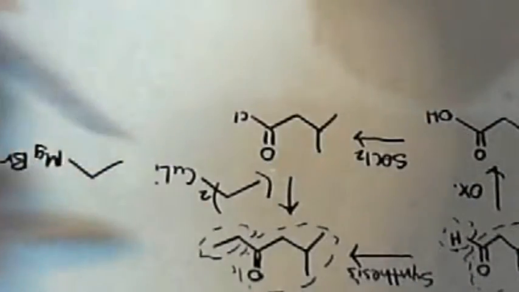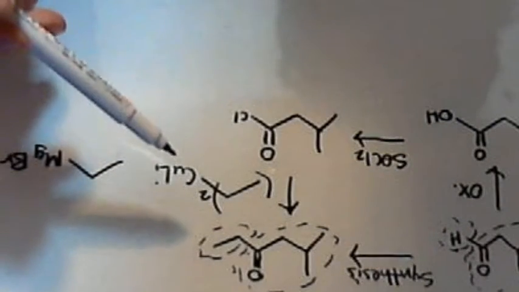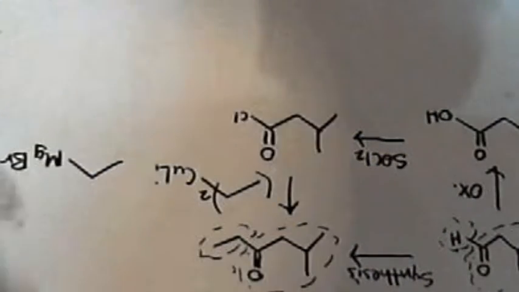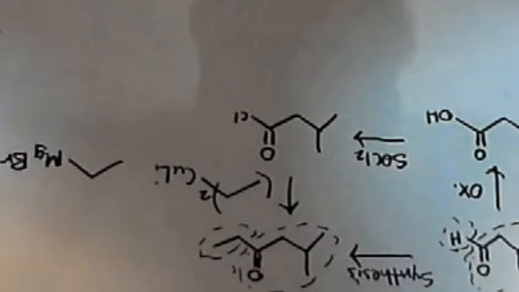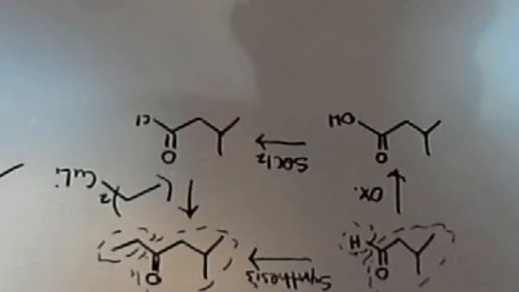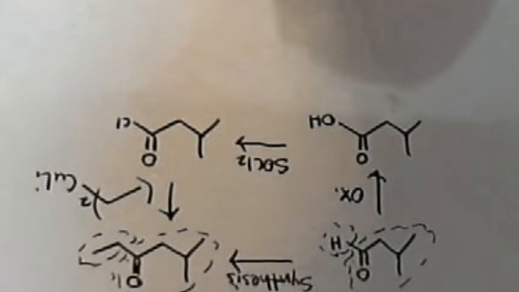But we know that if we have copper lithium, that's not going to go all the way to that alcohol. We're going to stay at that carbonyl. So we can get rid of this MgBr, and we know it's going to be copper lithium.